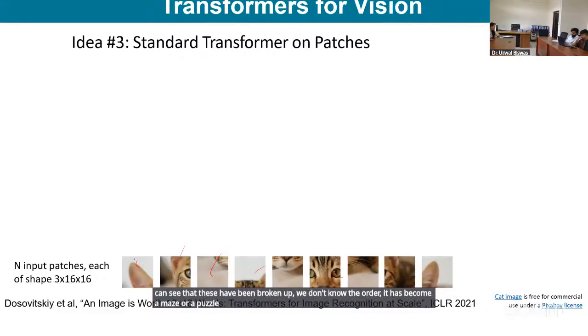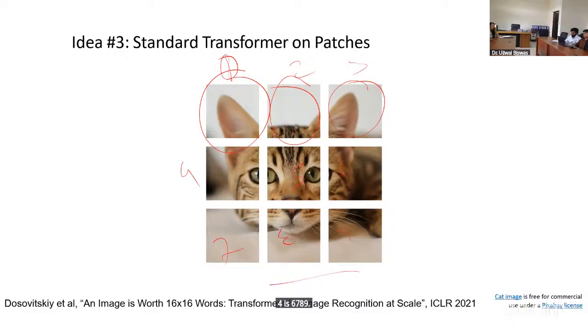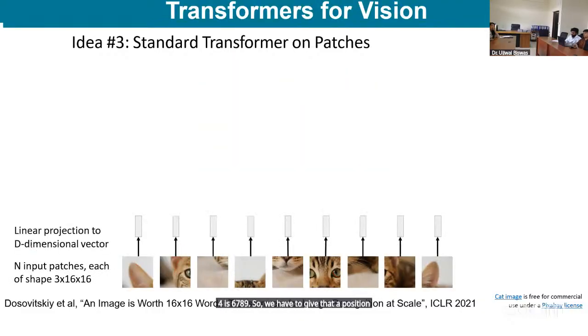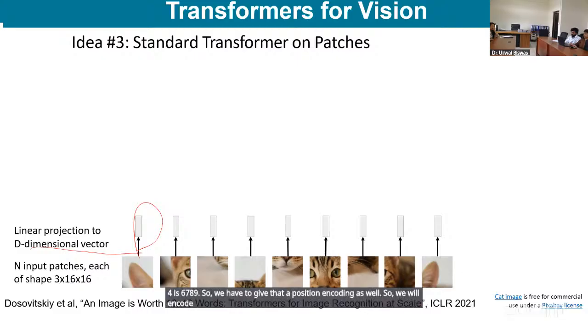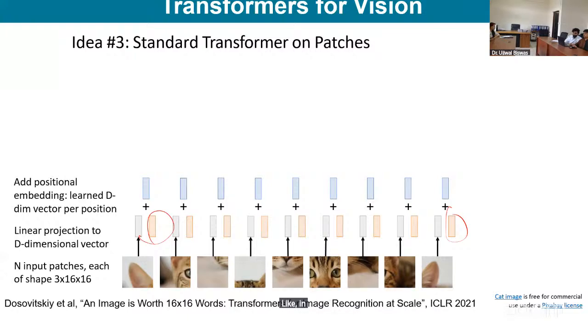So we have to know which patch is which. This is the first, second, third, fourth, fifth, sixth, seventh, eighth, ninth. So we have to give that a position encoding as well. We will encode each patch into a vector and add the position encoding, like in the language transformer, and then finally we get a combined vector which represents each section of the image.